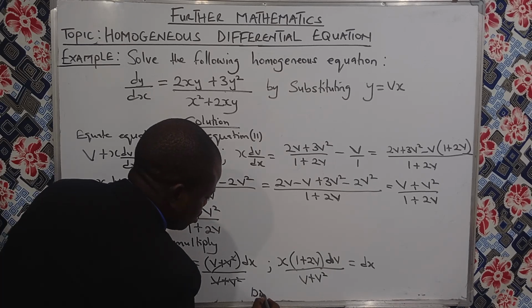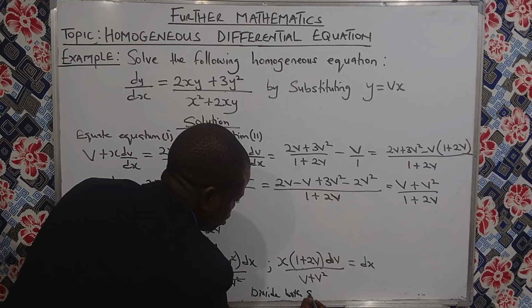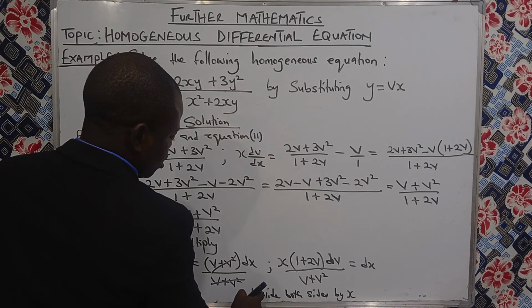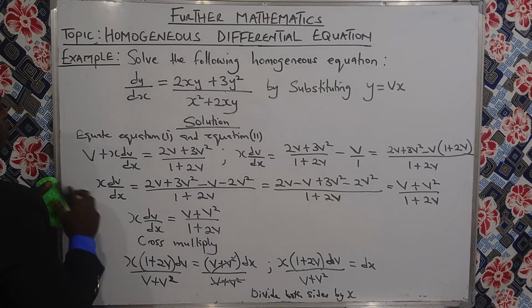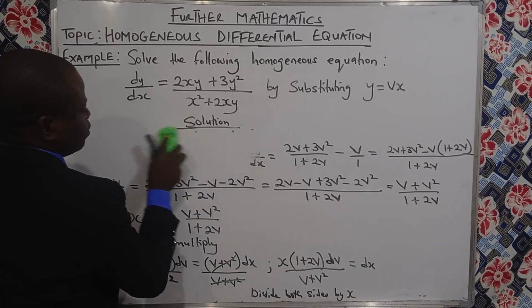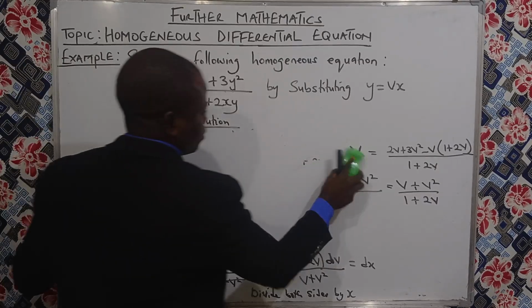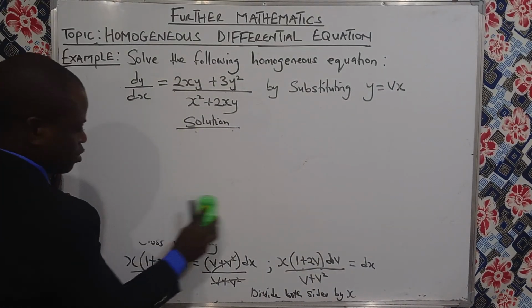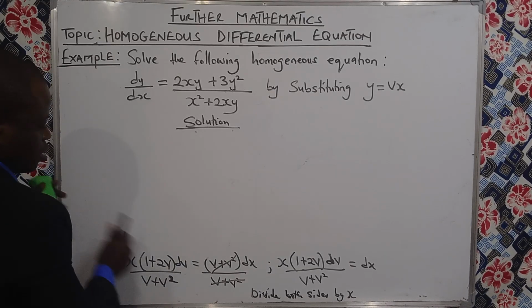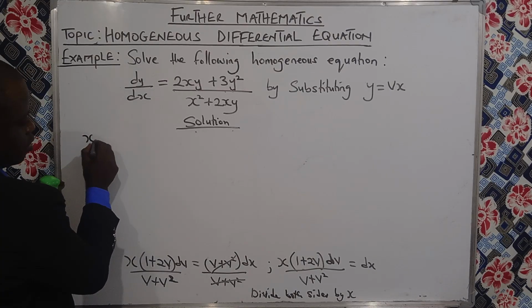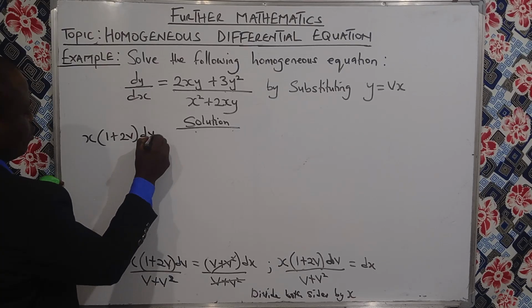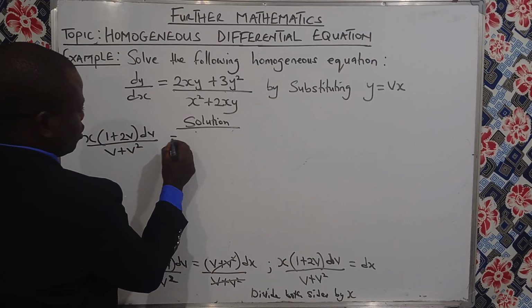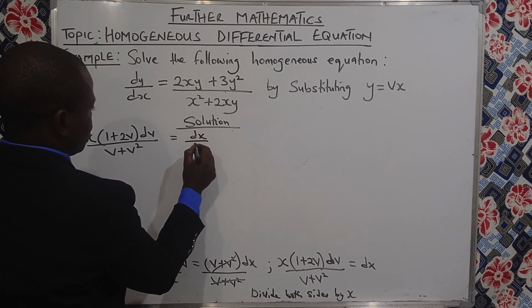Now divide both sides by x. You now have x times 1 plus 2v dv over v plus v squared equals dx over x.